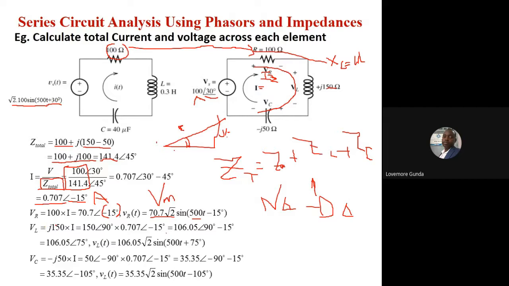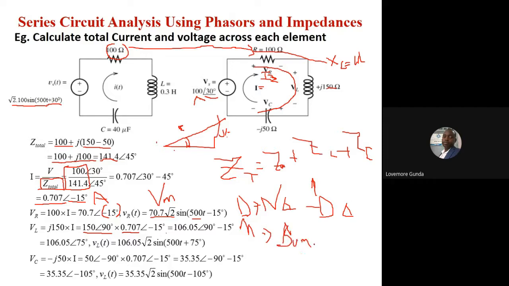VL, that's j150 times that. j150 is 150 at an angle of 90 times 0.707. Now, this is for division, right? For multiplication now, the resultant angle is the sum of the two angles.